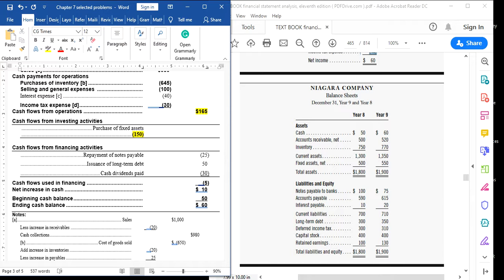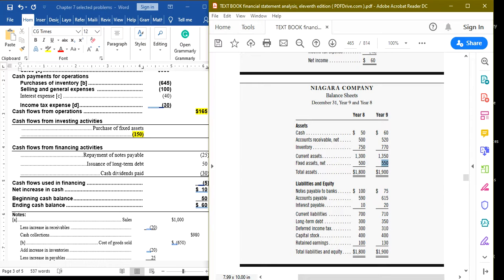Purchases of fixed assets, cash, inventory, fixed net assets. It's here. Current liability, deferred, total equity.